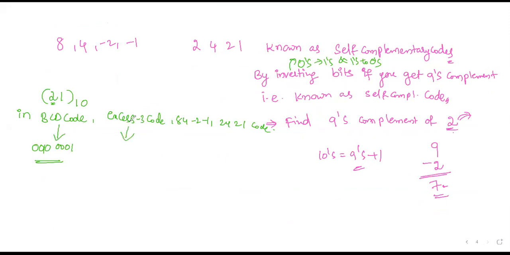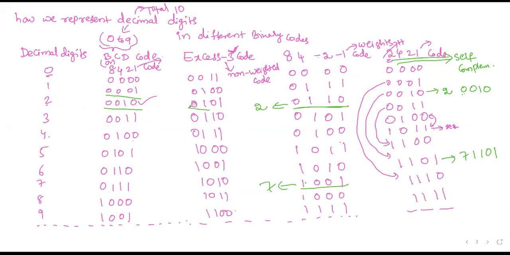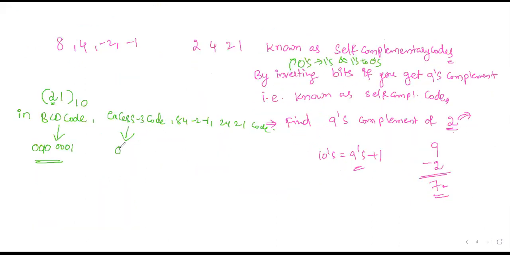In XS3 code, 21 is equal to: 2 is nothing but 0101, 1 is nothing but 0100. So 0101 0100. This is the representation in XS3 code. In 8 4 minus 2 minus 1 code, 2 is nothing but 0110, 1 is nothing but 0111.